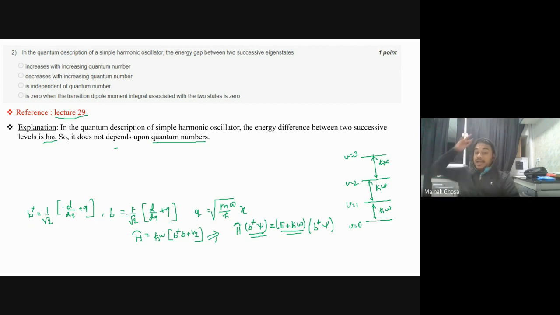If psi is an eigenfunction of the Schrodinger equation, then b dagger psi will also be an eigenfunction. Now you can see the energy will increase by h cross omega.